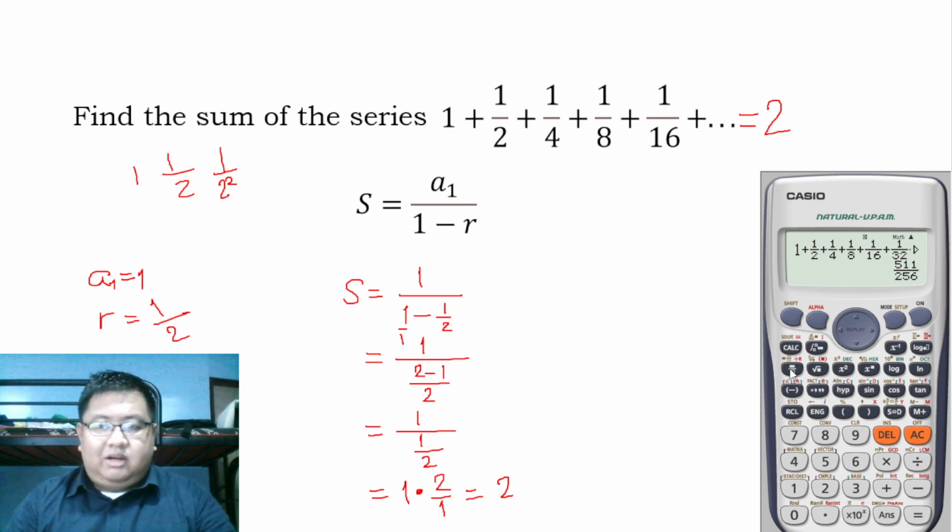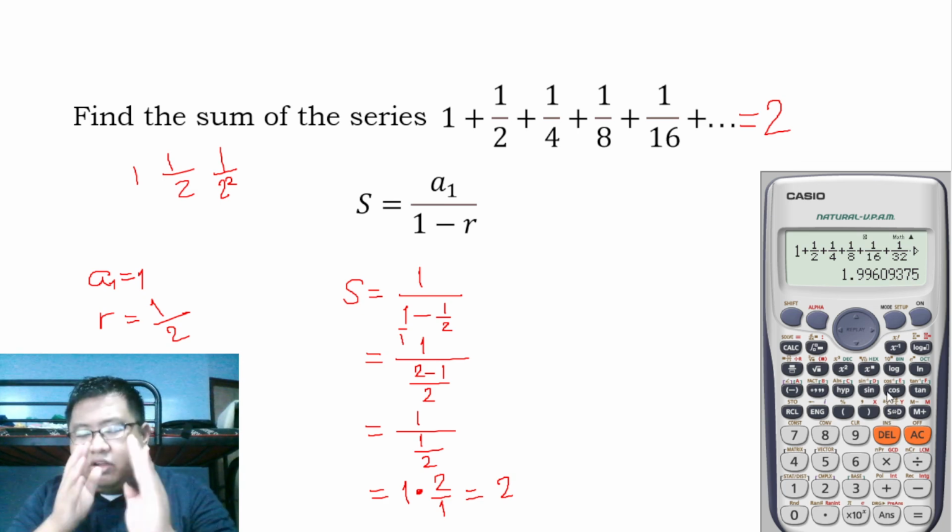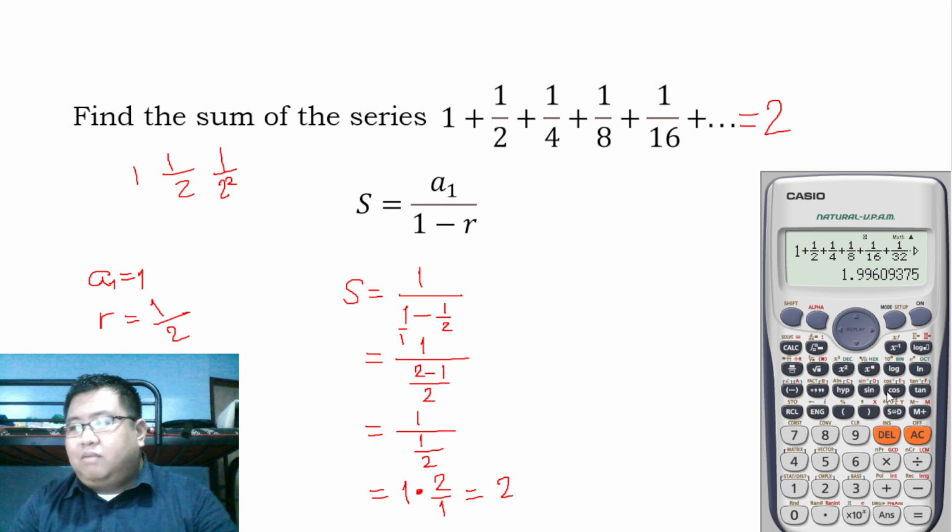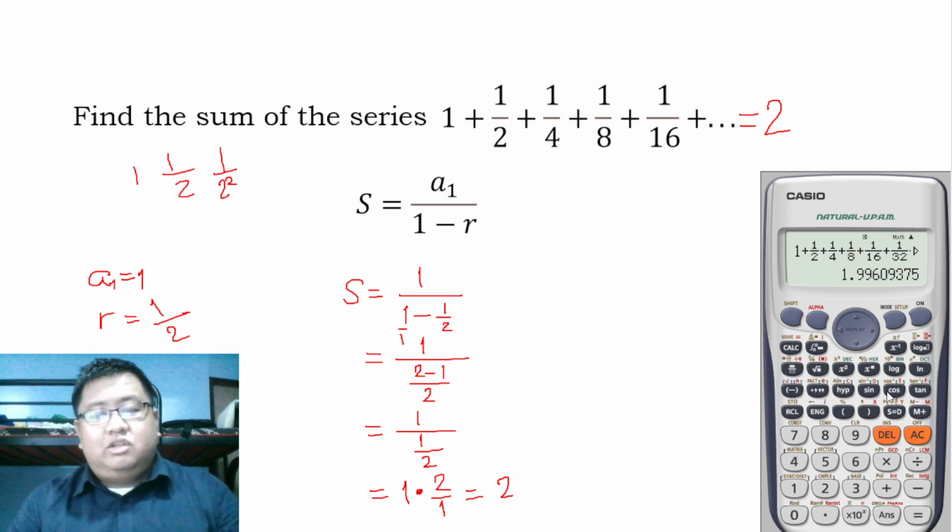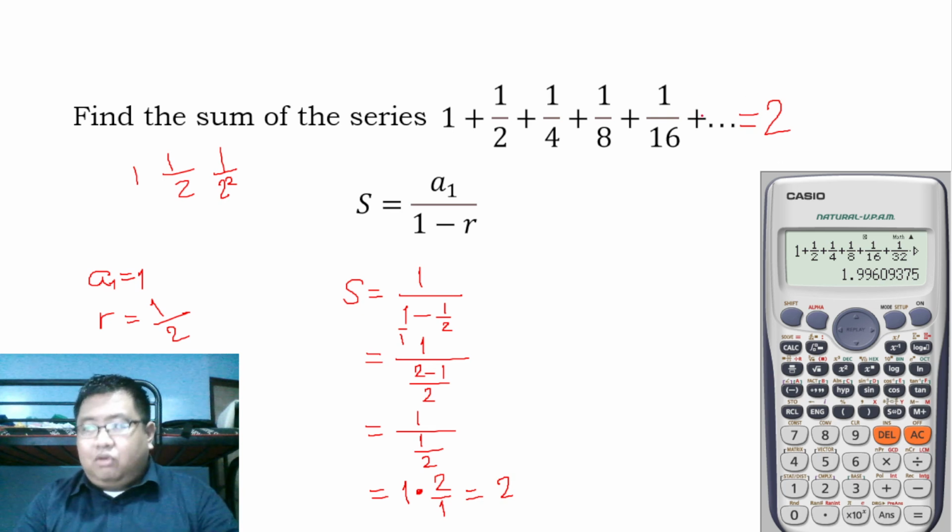So that's our answer: 511 over 256. If we convert it to decimal, we have 1.996 and so on. It's getting closer and closer to 2, although it really didn't become 2, as we can see in our calculation. But if you continue, your sum will still be closer and closer to 2.